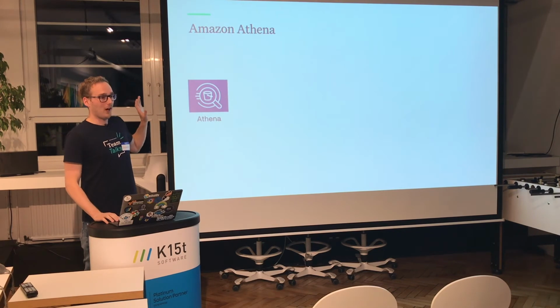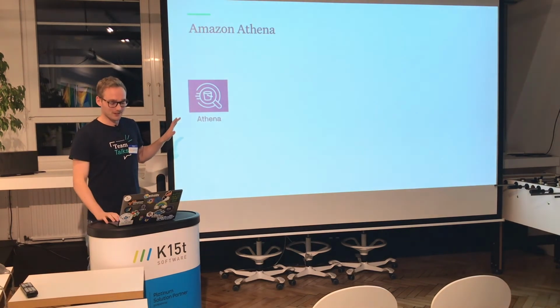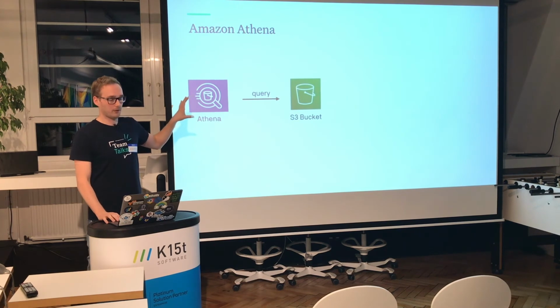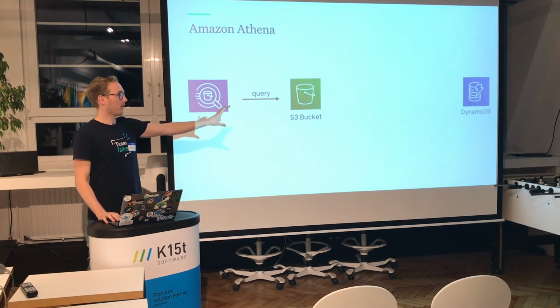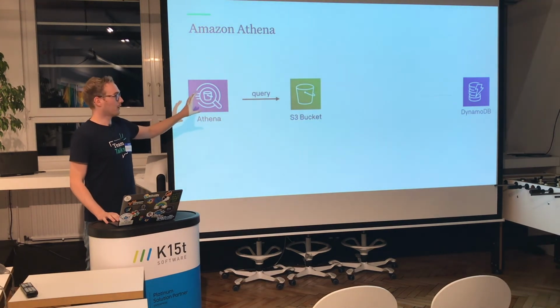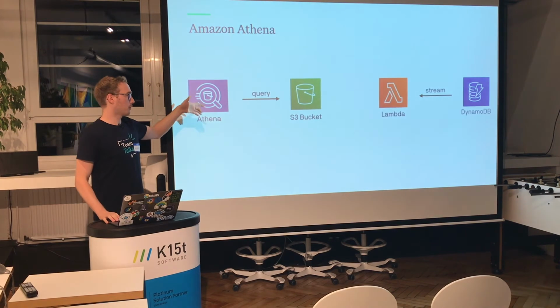Okay, so how can we now make use of that? You basically have your Athena service, and you can query S3 buckets. On the other side we have our DynamoDB table, where we have our actual data that we want to analyze. What we can do now is leverage the approach from before.